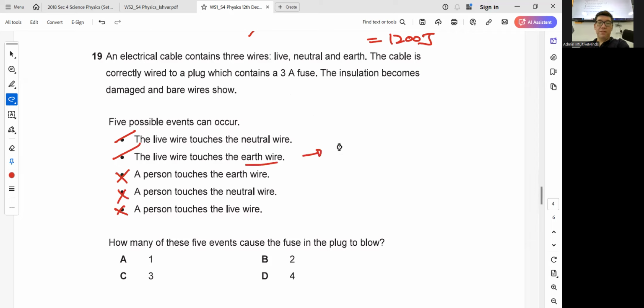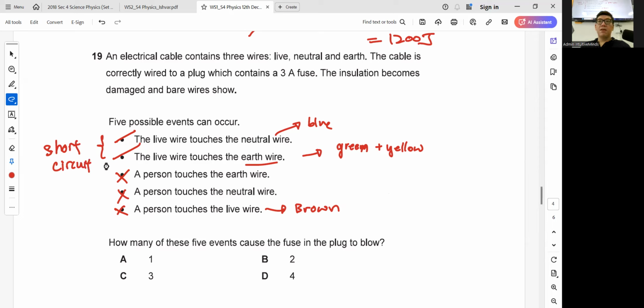Earth is green plus yellow. Neutral is blue. Live is brown. So these two will cause a short circuit. Damage wiring most of the time.